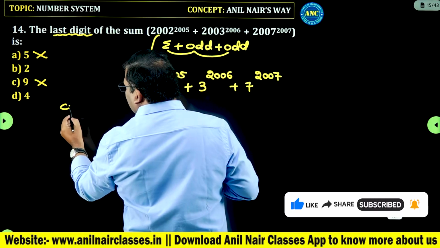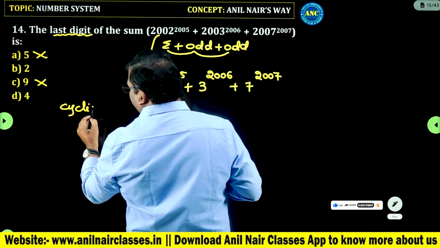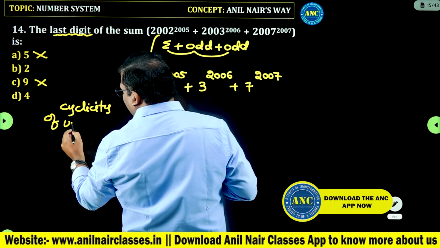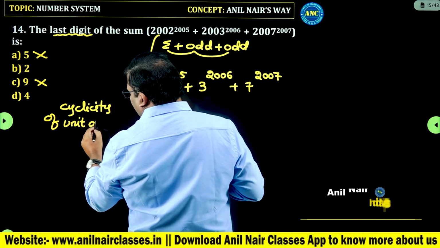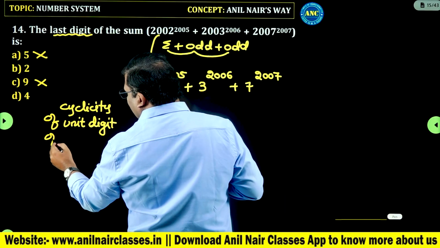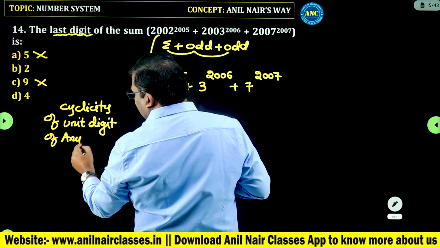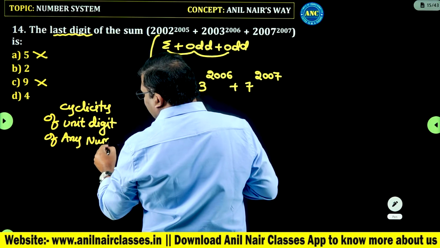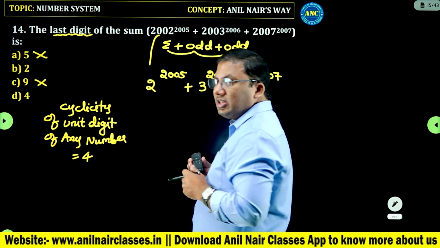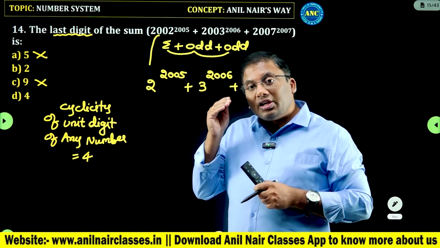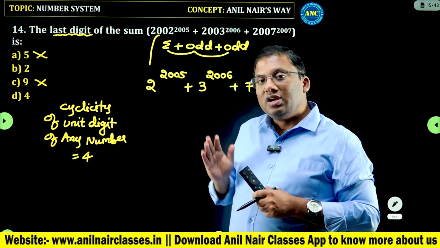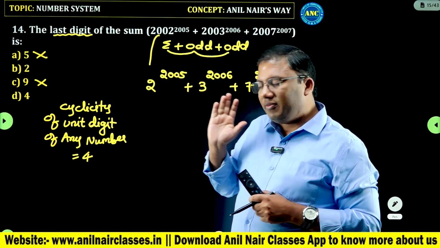The cyclicity of the unit digit of any number is 4. Why is it 4? After 4 steps, the unit digit gets repeated. What is the divisibility rule of 4? The last 2 digits should be divisible by 4.